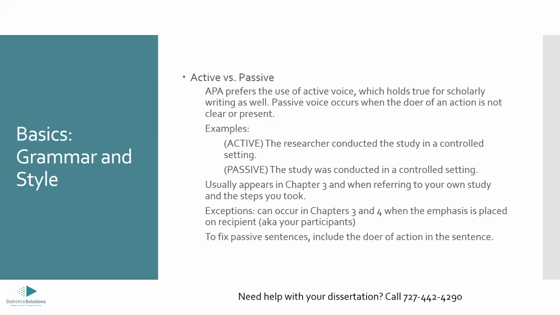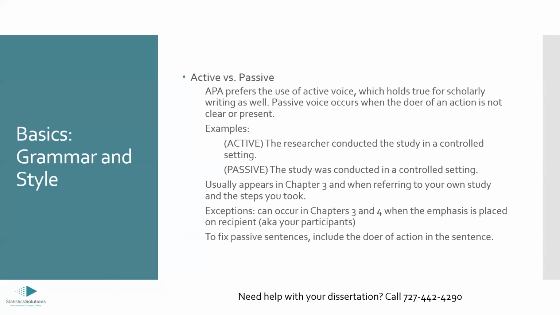So you want to say the researcher conducted the study in a controlled setting, rather than the study was conducted in a controlled setting. This is because when you say the study was conducted, by who? You just want to be specific.